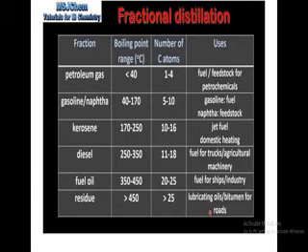Then diesel oil is used for diesel engines, of course, as I told you, the bigger vehicles: buses, lorries, trains. Then lubricating oil, which is also called fuel oil, is used for lubricating machinery, as fuel for ships and industries, and can be used for making waxes and polishes.